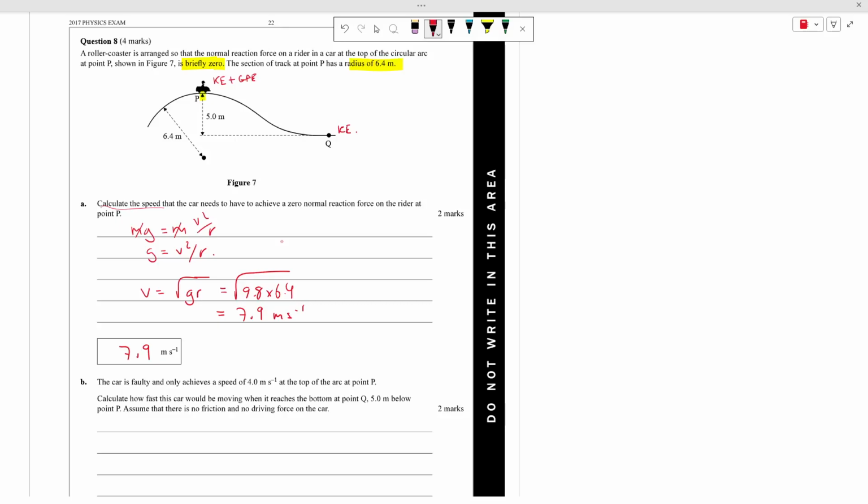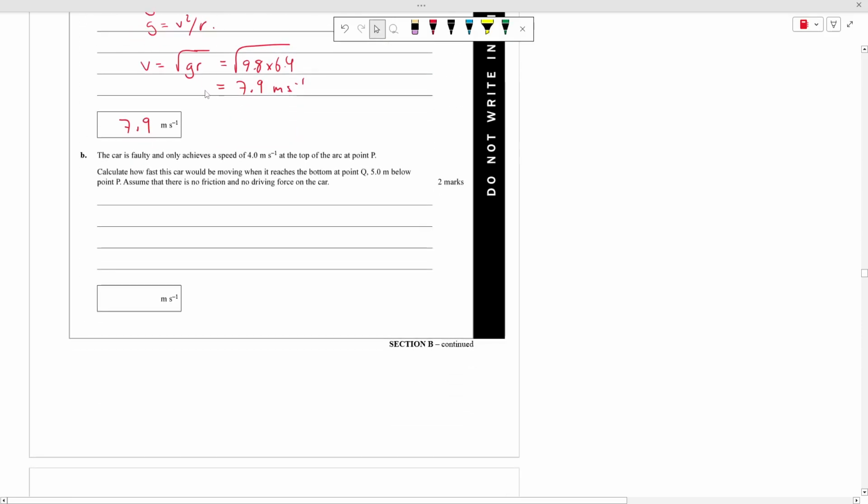Okay? And using that, our value for kinetic energy, we can then solve for how fast it's traveling at that point. So at the top of the circular arc, or at point P, energy equals half mv squared, that's kinetic energy, plus mg delta h, that's gravitational potential energy.